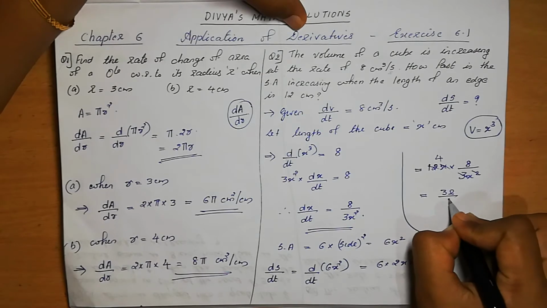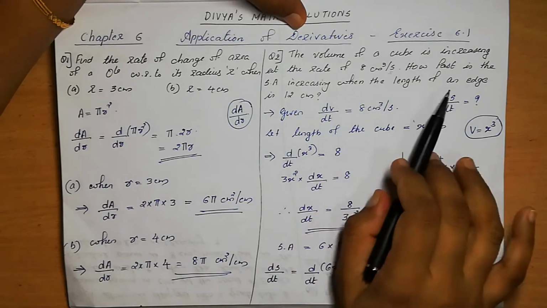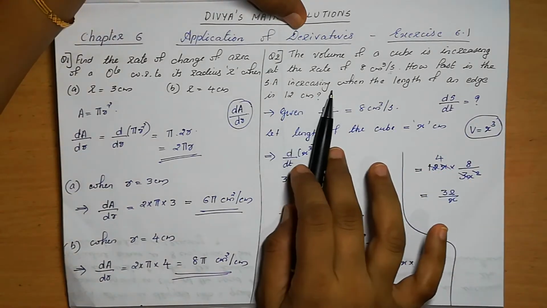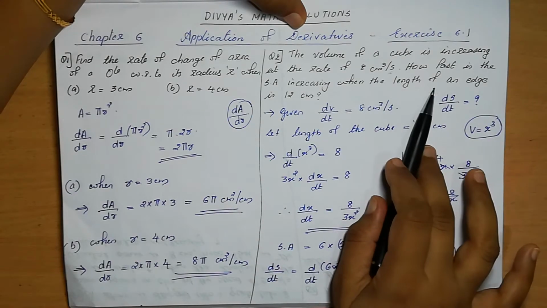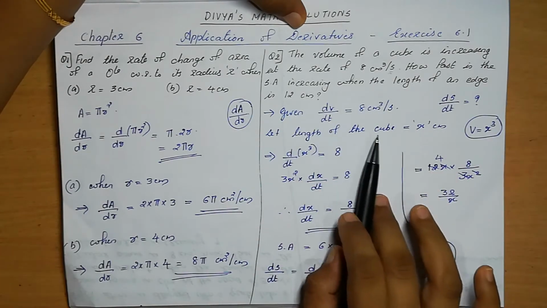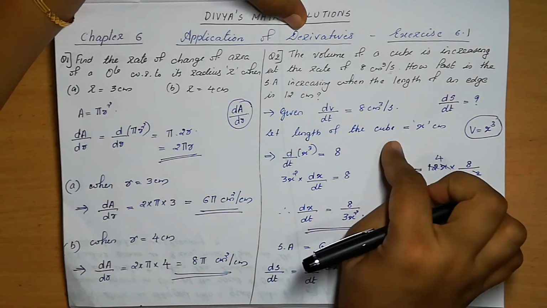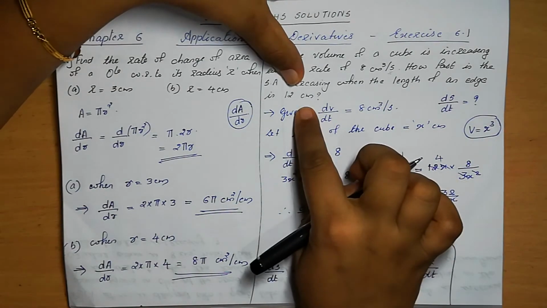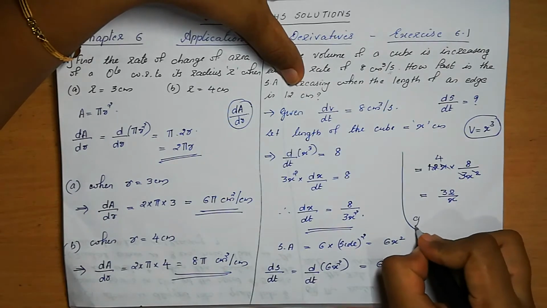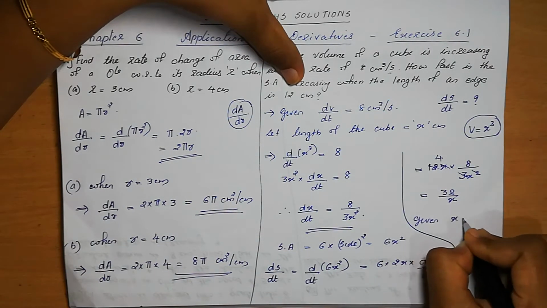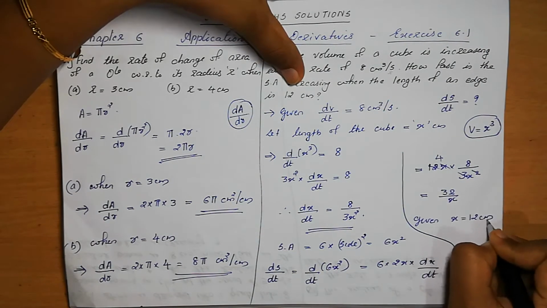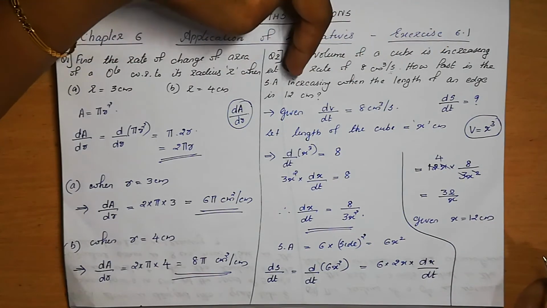32 by x. Next, it is given: how fast is the surface area increasing when the length of an edge is 12 centimeter? The length of the edge of the cube we are taking as x, that is x is given as 12 centimeter. At that time we need to find the rate of change of surface area.